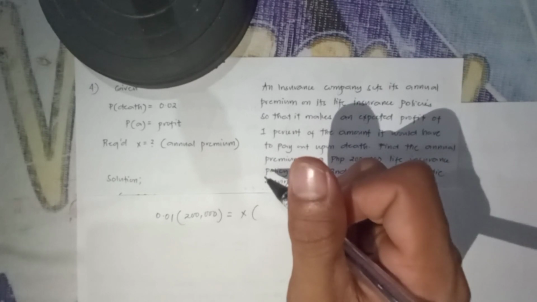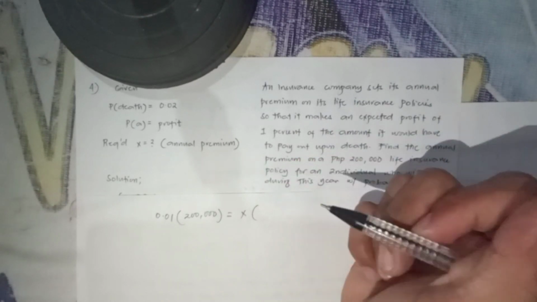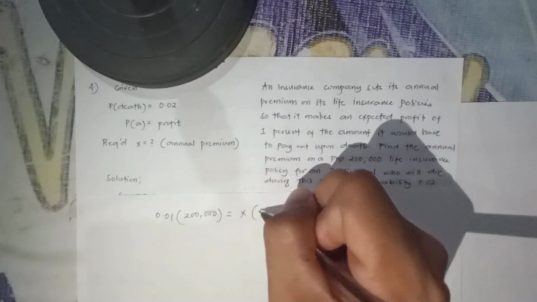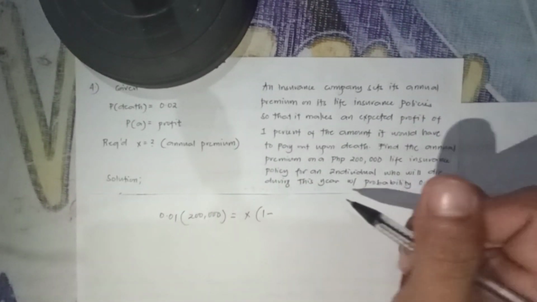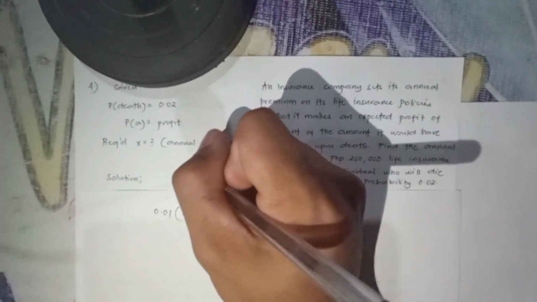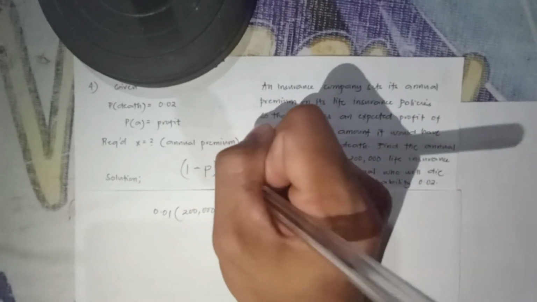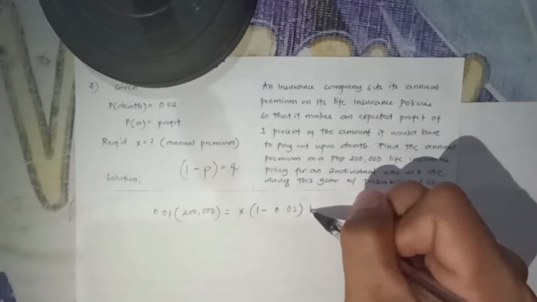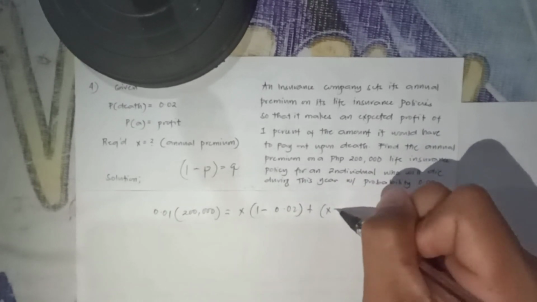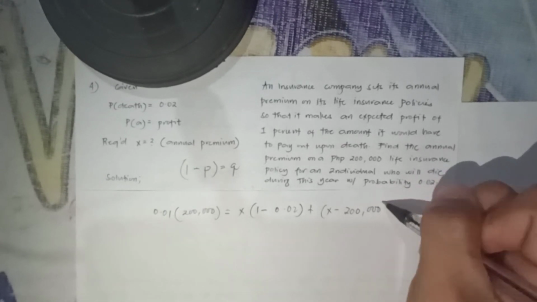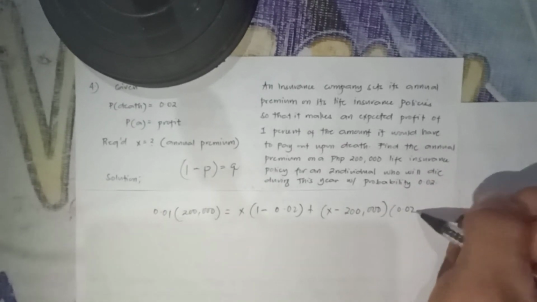And then the deficit, or you need to subtract from the overall numbers, 1 minus the probability, which is 0.02. So it is 1 minus P, or it is equivalent to Q. So 0.02, and then you add plus your X here, and then your 200,000 insurance, then multiply by 0.02 probability.